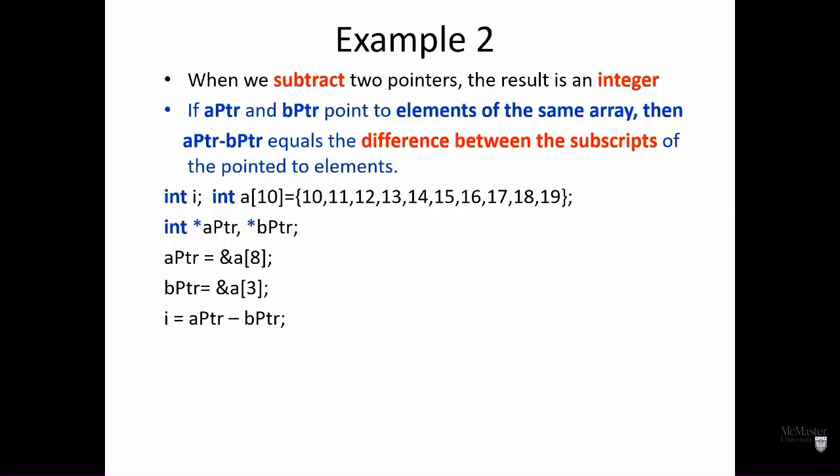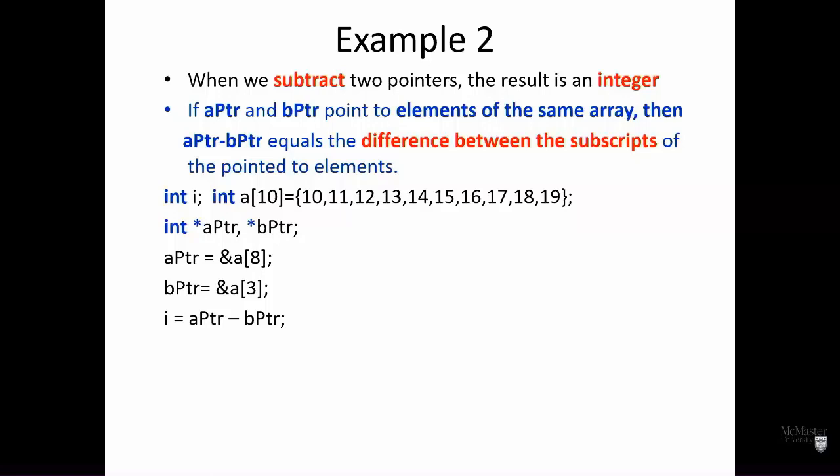Yeah, 5. The reason is 18 minus 13, right? Not true. This has no dereferencing. It doesn't have the asterisk. So you are using a pointer as the address, right? That's right.